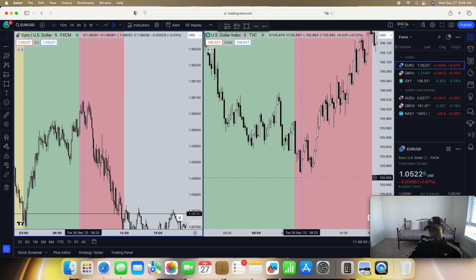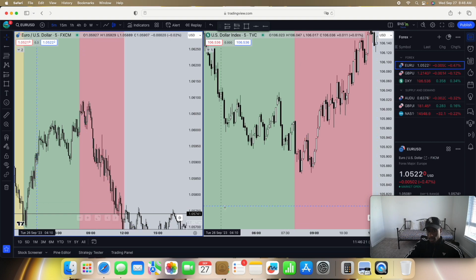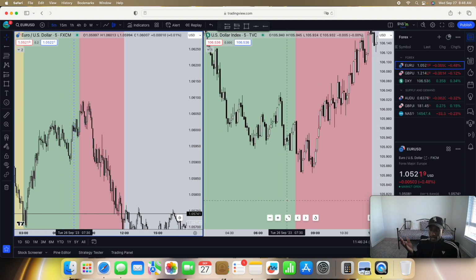So the DXY broke the lows, played around for a second, broke structure, and then shot up. EU swept liquidity, broke structure, and dropped down. So we were in line with the DXY. That's why yesterday won. Now you could probably still lose with the DXY in line, but I feel like that's more of an A+ setup. I would rather lose with the DXY in an A+ setup than in a B setup, like today.